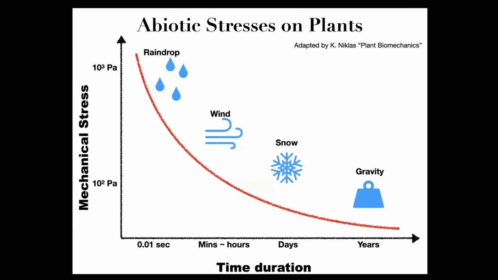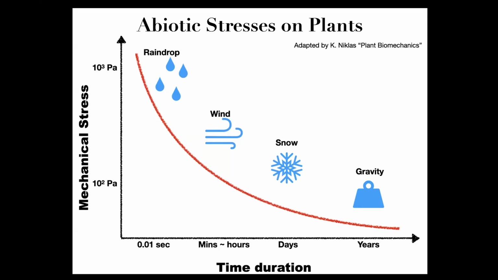So why am I interested in raindrop impact on the leaf? First of all, not many people study this kind of area, and the reason I'm interested is the basic physics. This is a stress-time relation, which is suggested by Karl Niklas in his book.